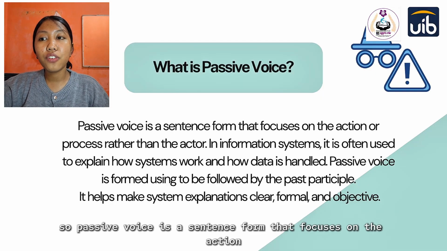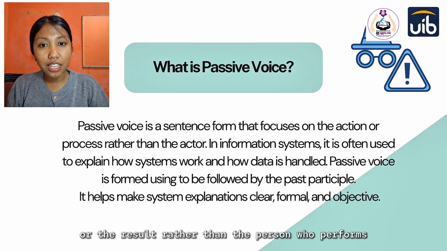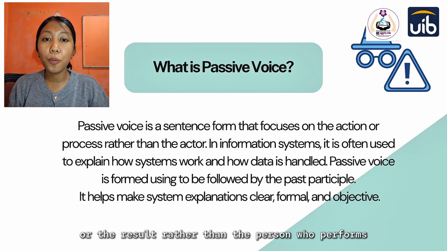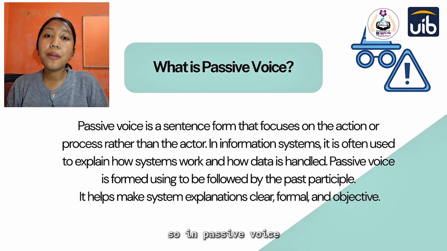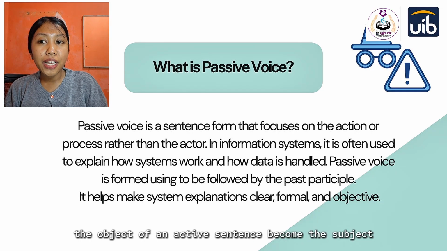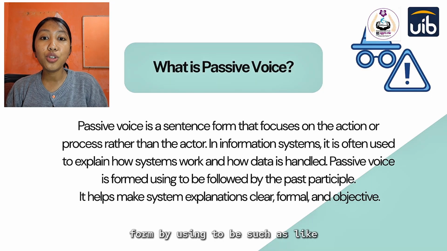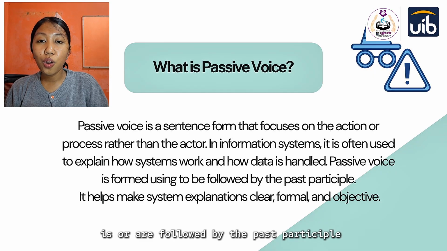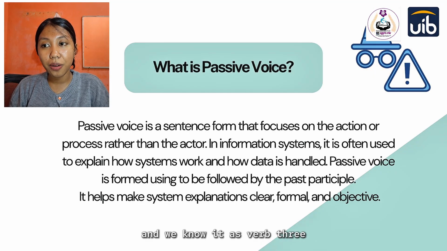Passive voice is a sentence form that focuses on the action or the result rather than the person who performs the action. In passive voice, the object of an active sentence becomes the subject of the sentence, and it's formed by using to be, such as is or are, followed by the past participle, which we know as verb 3.